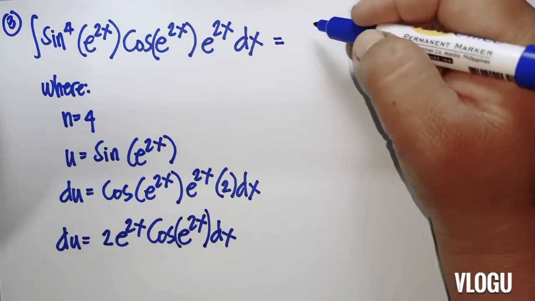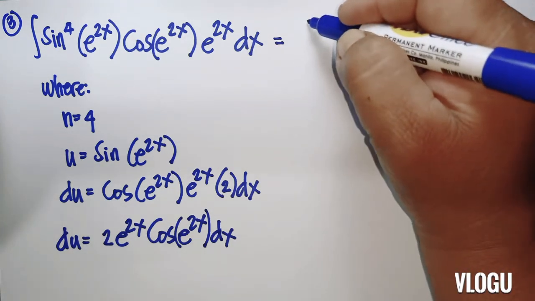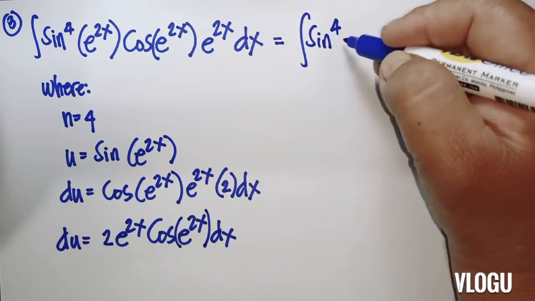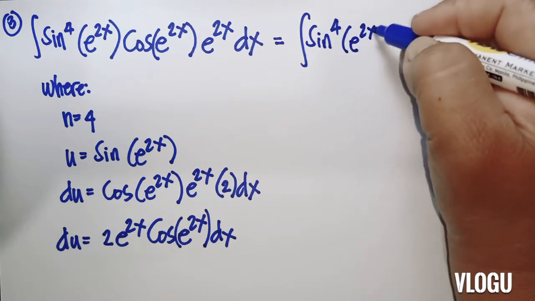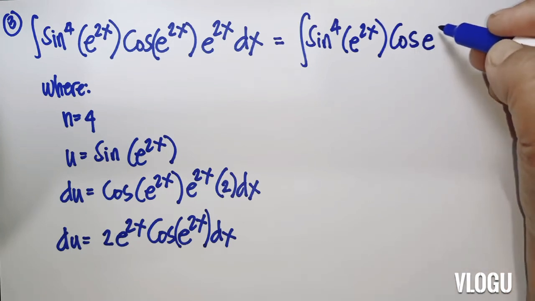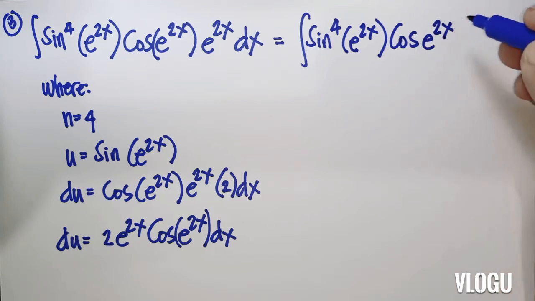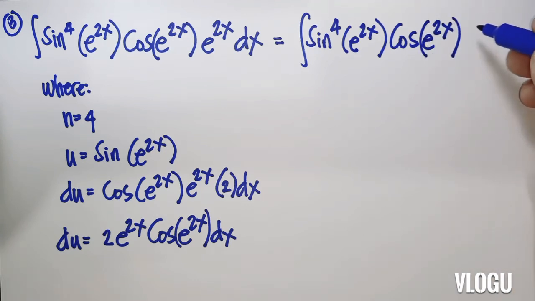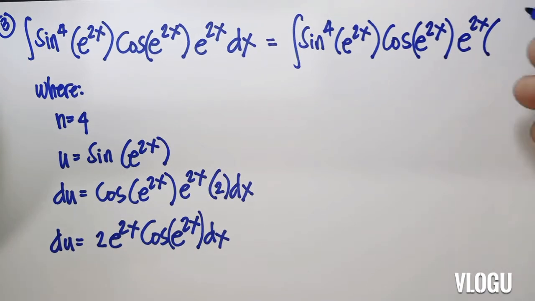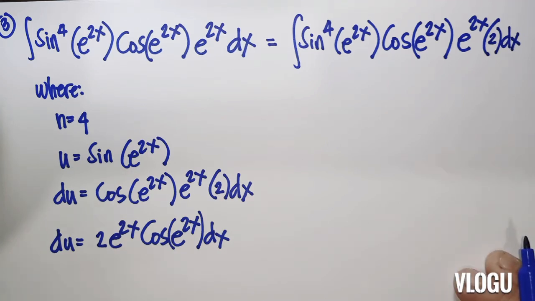So we can write now the integral of sine to the fourth (e to the 2x) cosine (e to the 2x) e to the 2x, and you still have 2 dx.